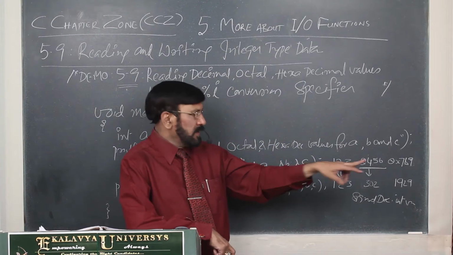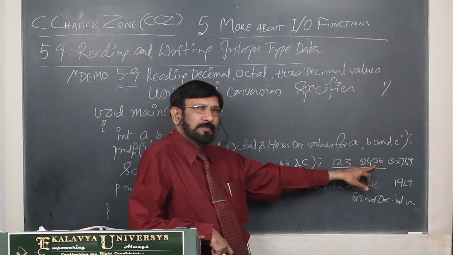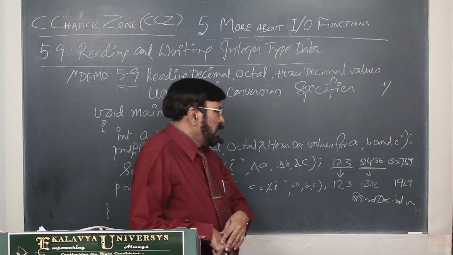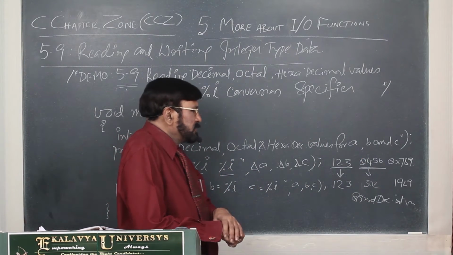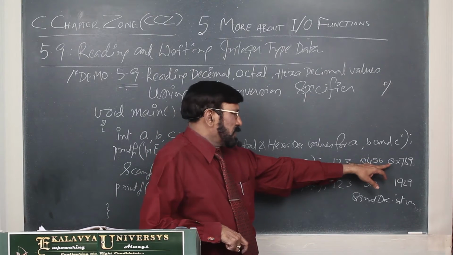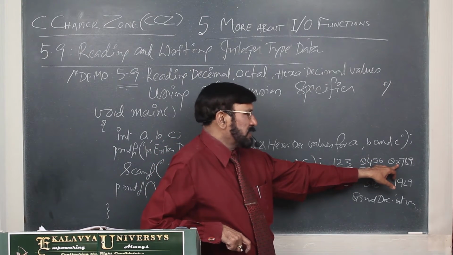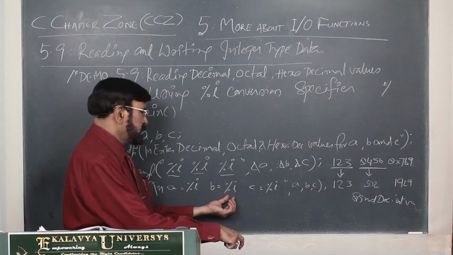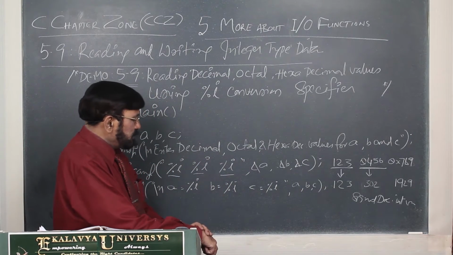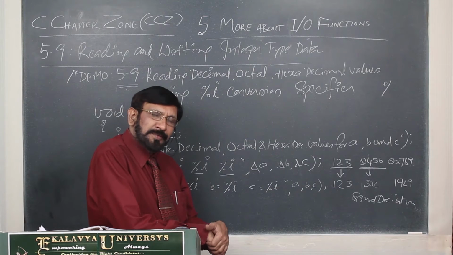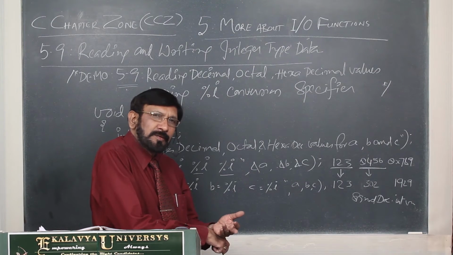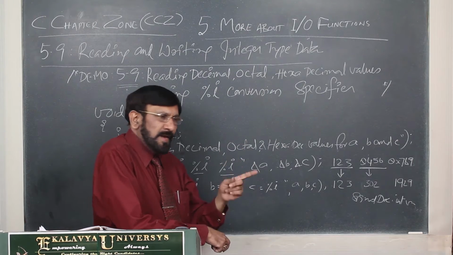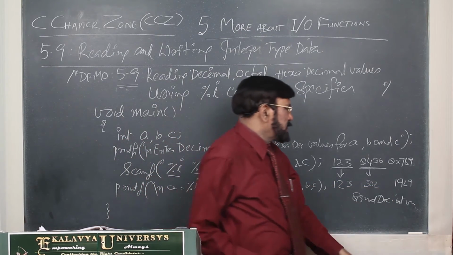Automatically it converts the octal value into a decimal value and then it prints. Thereafter you see this one, 0x, this is hexadecimal, you know that. Now I am using %i. As a result of that, what happens? The hexadecimal value is converted into a signed decimal value and that is printed.